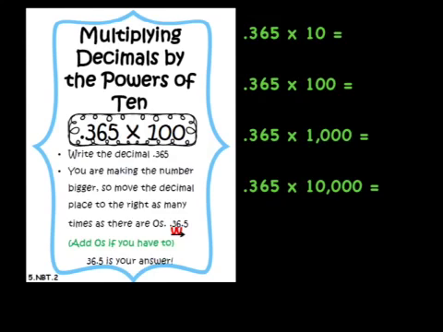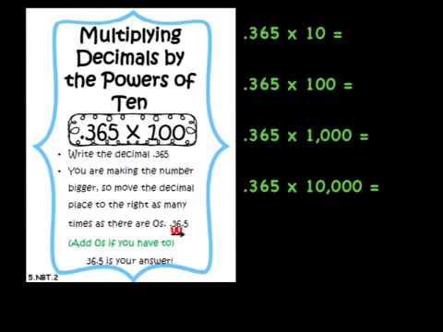Multiplying decimals by the powers of 10 can be a little bit tricky, but if you remember that you're always going to be making the number bigger, then that will help you out. You're always making the number bigger. For instance, if you have 45 hundredths and you want to make this bigger, you're going to multiply times 10, which is a whole number.